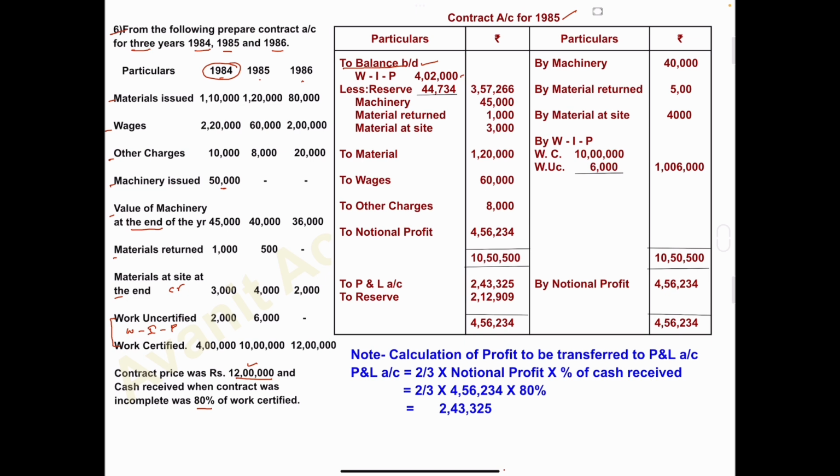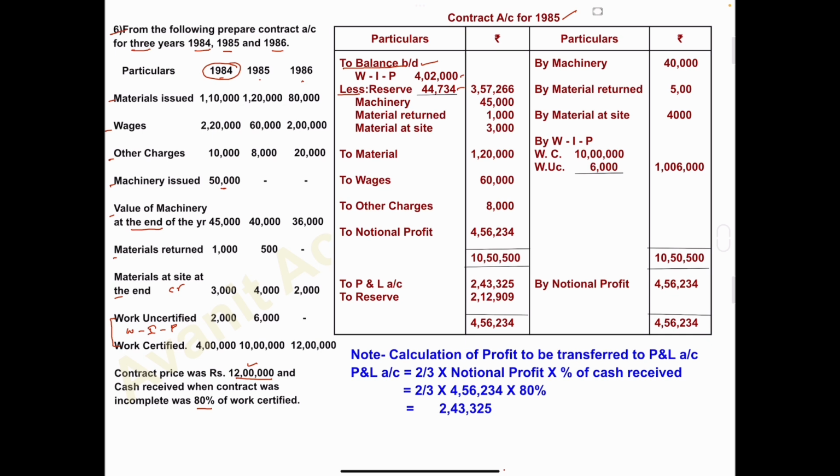That is work in progress. From that, less reserve. The amount transferred to reserve: last year we transferred to profit and loss account 16,266, and to reserve 44,734. That amount we have to take. Less reserve amount is 44,734.